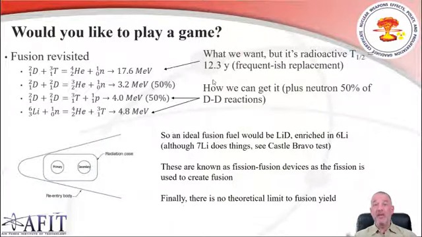If you create the conditions of the high temperatures and you have all of the different isotopes available that need to be fused, they don't have to wait generation after generation after generation. They can all just fuse within one generation or two generations. And so you can create an enormous number of neutrons and an enormous energy yield, practically instantaneous. And so in that vein, we have no upper limit on what a fusion yield could be.